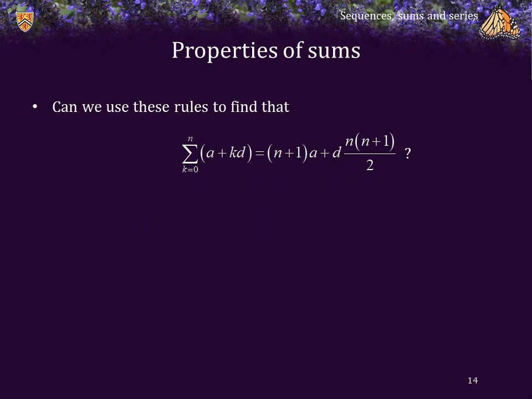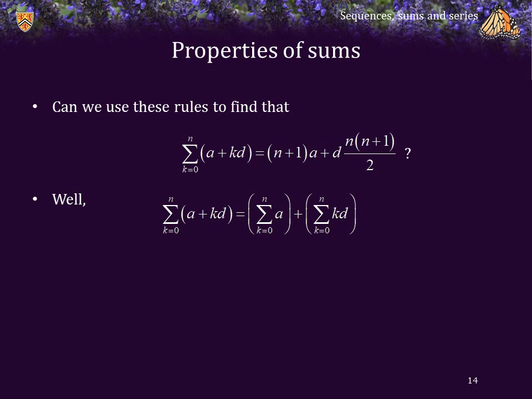Now, previously we deduced that given the arithmetic sum a plus k times d, where k runs from 0 to n, that's equal to n plus 1 times a plus d times n times n plus 1 over 2. Can we deduce this formula just from the rules that we just saw? Well, the first thing we note is that the sum of two terms is just the sum of those terms added together.